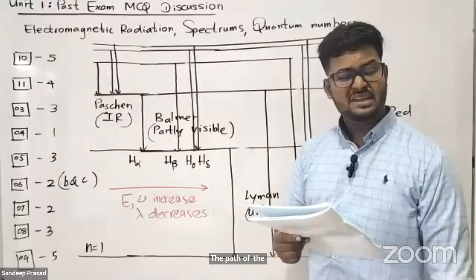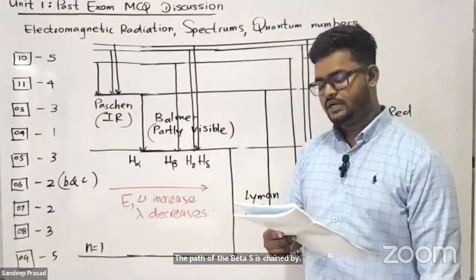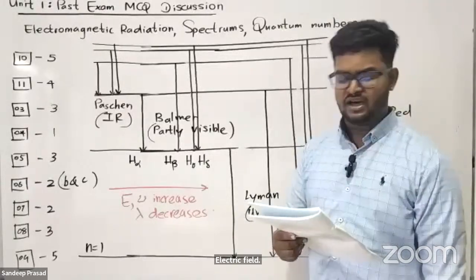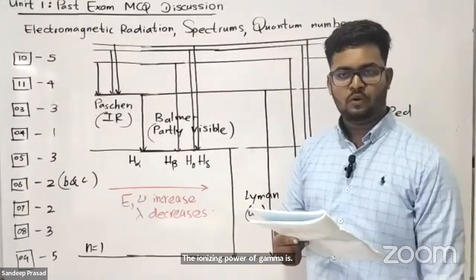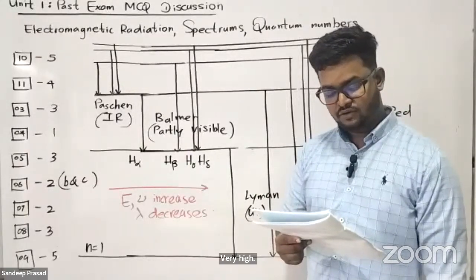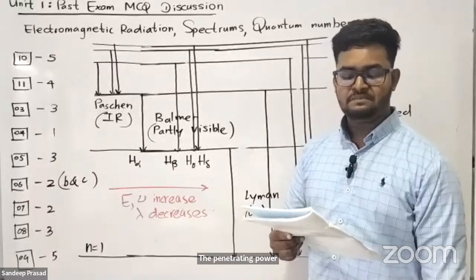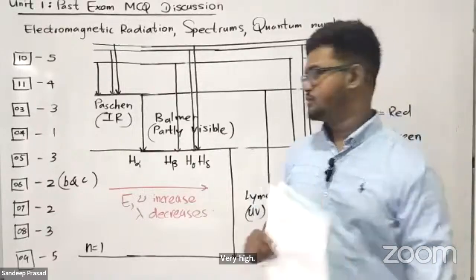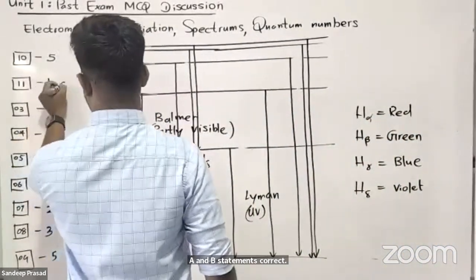The path of the beta rays is changed by electric field. Correct. The ionizing power of gamma rays is very high. Wrong. The penetrating power of alpha rays is very high. Wrong. A and B statements are correct. Therefore, question number 11, answer is number 1, A and B.